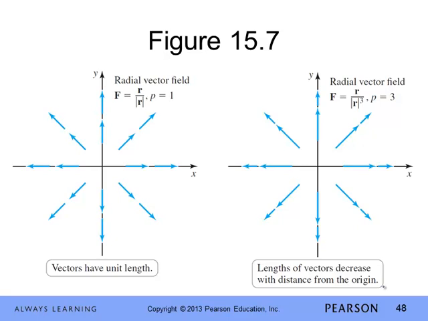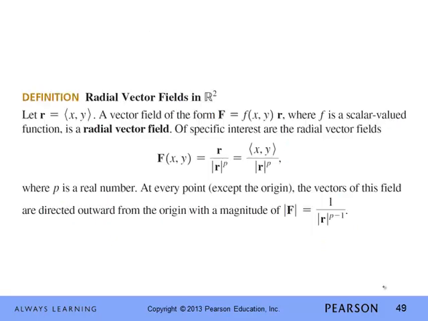I'm going to flip the slide here to take a better look at this. Now, the r vector is simply the x comma y vector, in case you were wondering.